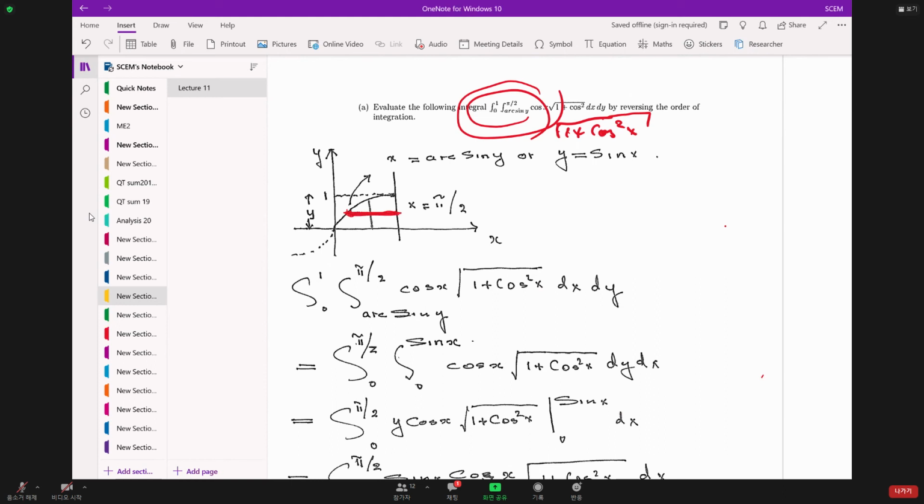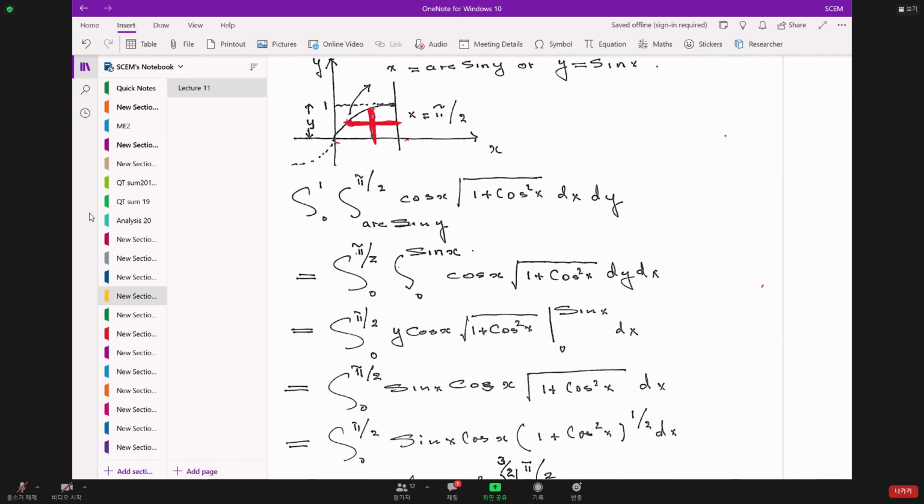If you reverse the order of integration, your y goes from 0 to sine x. So y as a function of x is sine x. And your x goes from 0 to pi by 2. Now it is easy to integrate this.